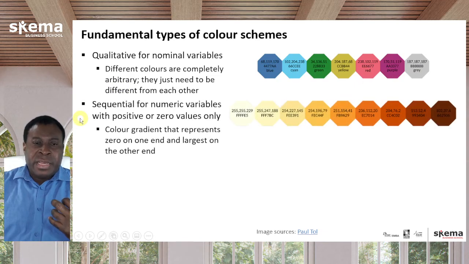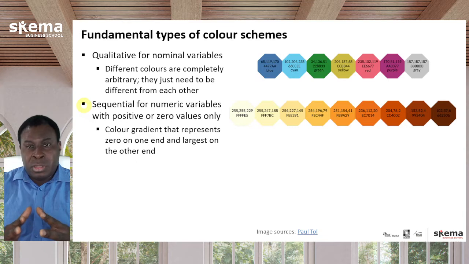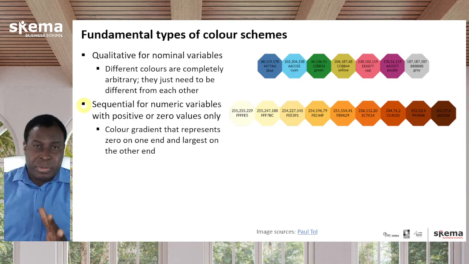The next kind is a sequential color scheme, and that is when you have colors that represent numbers, but numbers that are specifically positive numbers or zeros. You can have a zero value or positive, but no negative numbers.